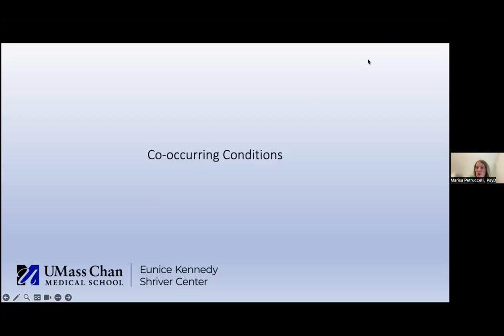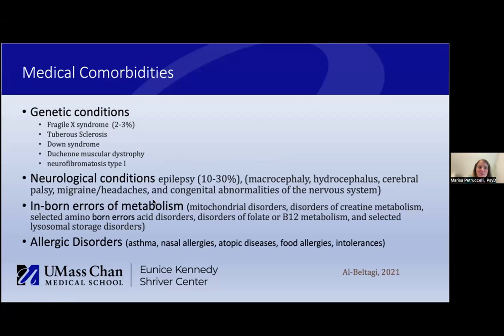And just a quick word, because I think this group is probably quite familiar, and I'm going to be winding down shortly here. Obviously, there are a number of medical comorbidities that need to be considered in the context of autism, some with higher rates in the population: many genetic conditions, neurological conditions, particularly epilepsy, inborn errors of metabolism, allergic disorders, just to name a few.